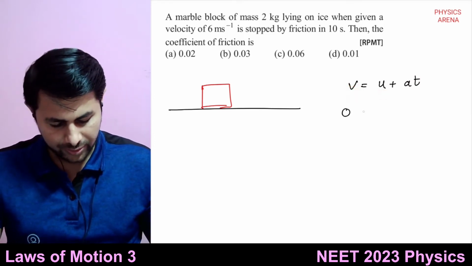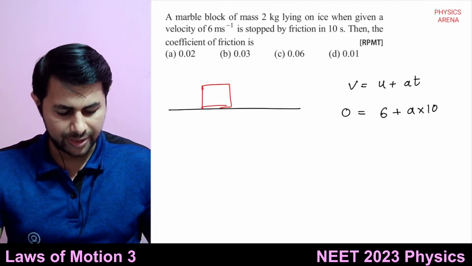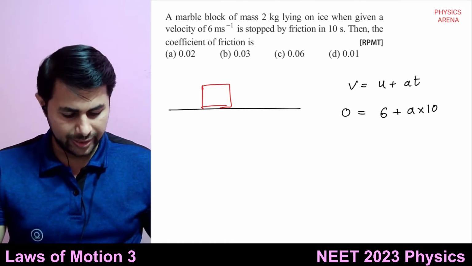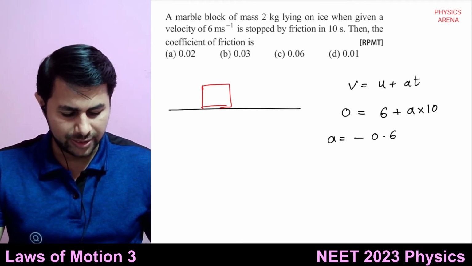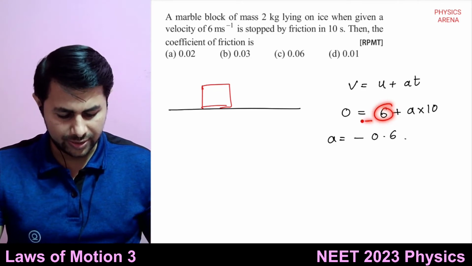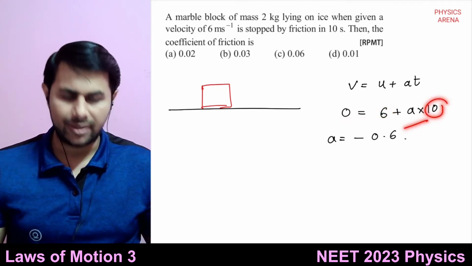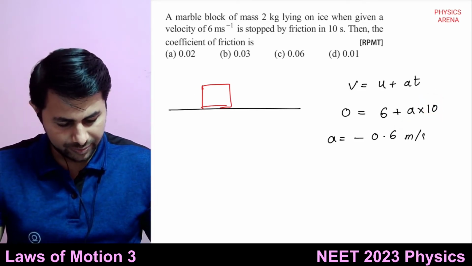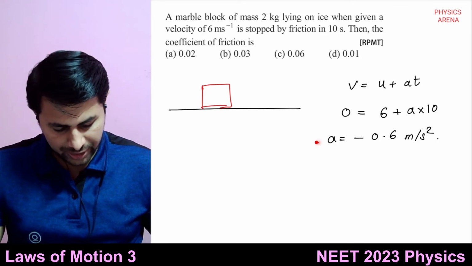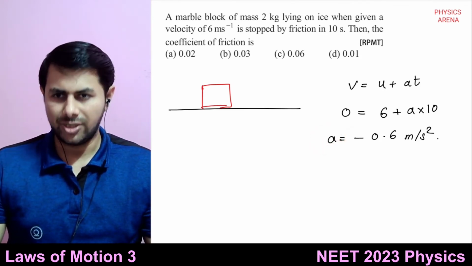So 0 is equal to 6 plus acceleration multiplied by 10. So how much would be acceleration? Take this 6 on the other side. It will be minus 6. Minus 6 divided by 10, minus 0.6 meters per second squared. This deceleration is because of what? The frictional force.